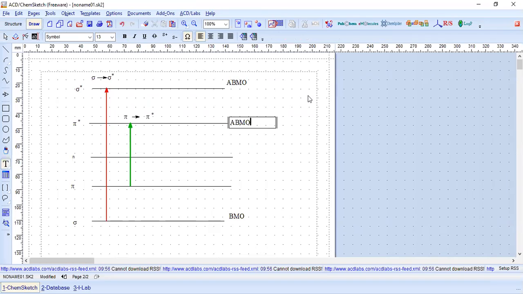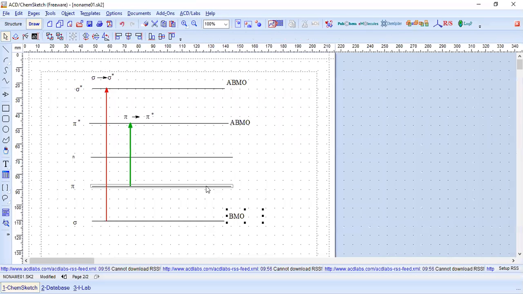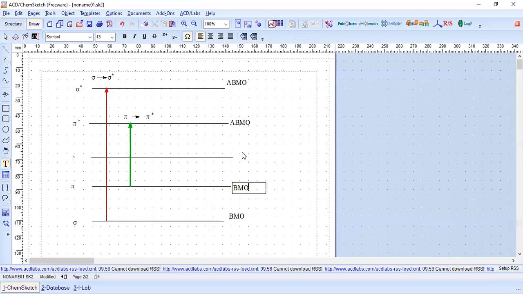This is pi ABMO, and this is pi BMO. And these are non-bonding electrons, which do not get involved in bond formation.